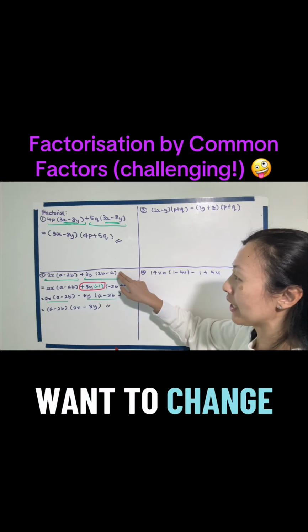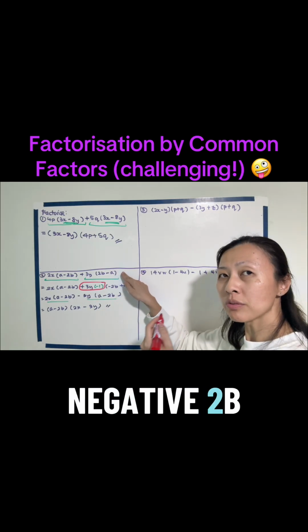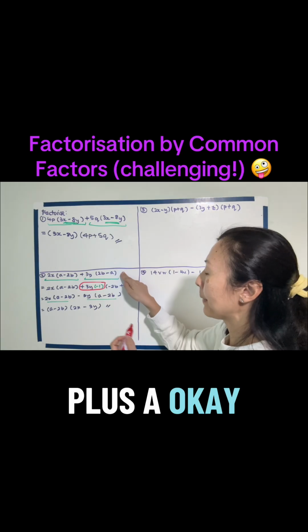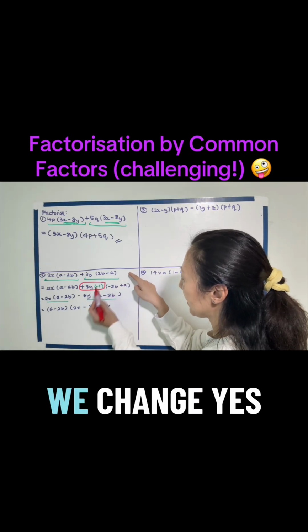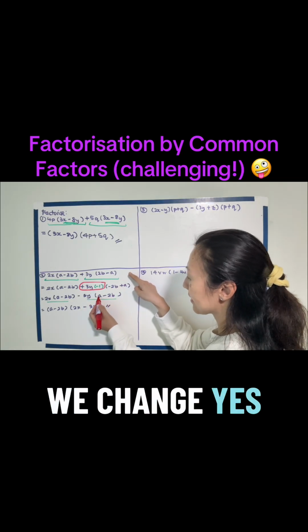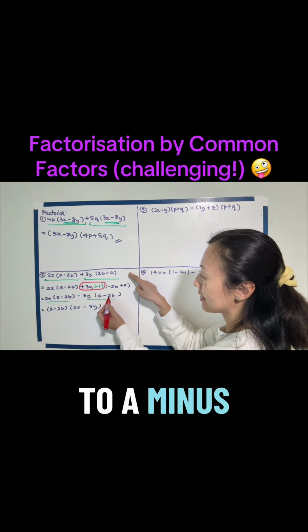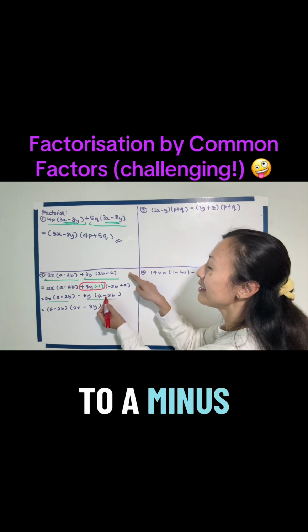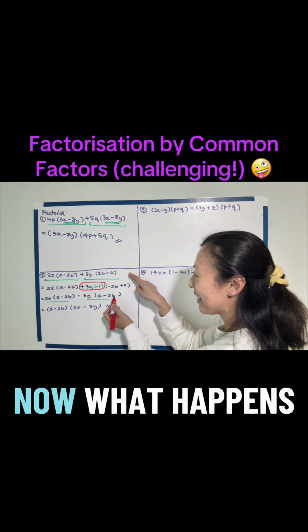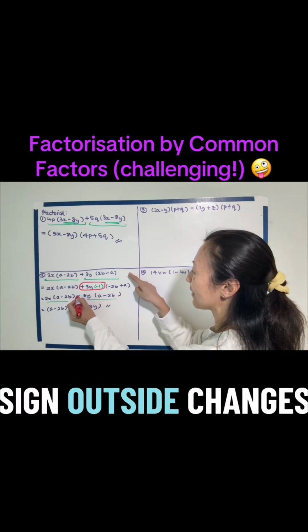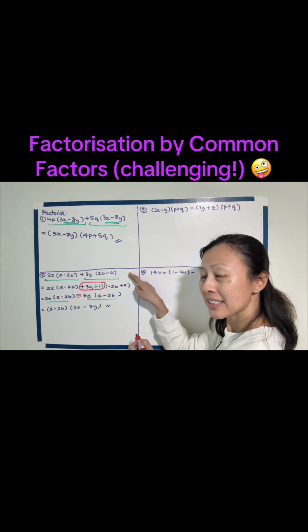Let's say we want to change this around to negative 2b plus a. We change it to a minus, negative a minus 2b. Now what happens is that this sign outside changes.